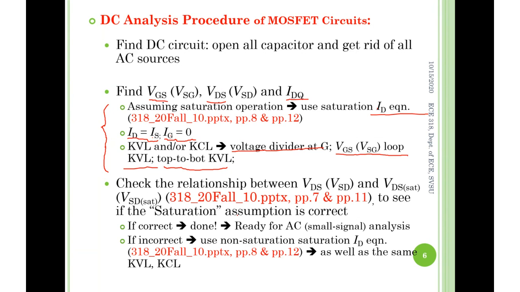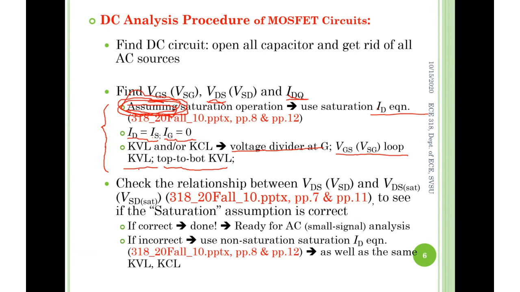By examples, of course, we will see how to use them more. After finding them is not done. Always remember, after finding them is not done yet. Why is it not done? Because these results are based on the assumption at the beginning, which has not been verified yet.